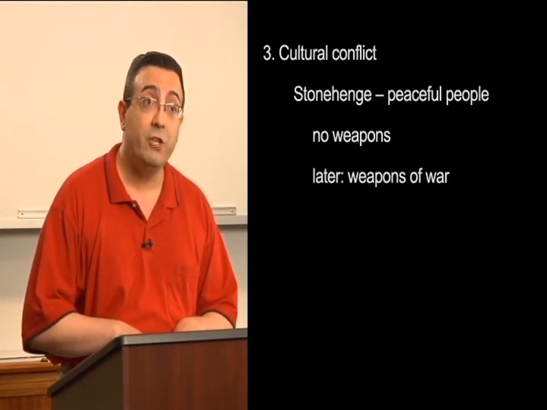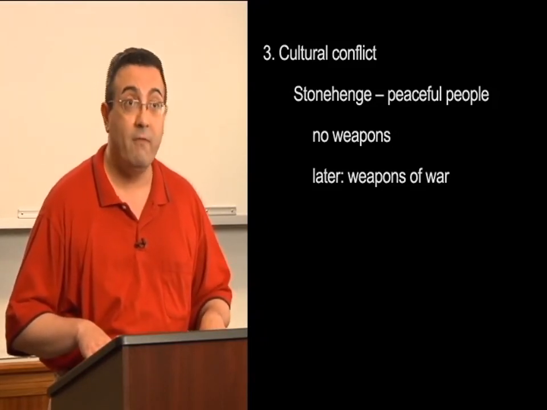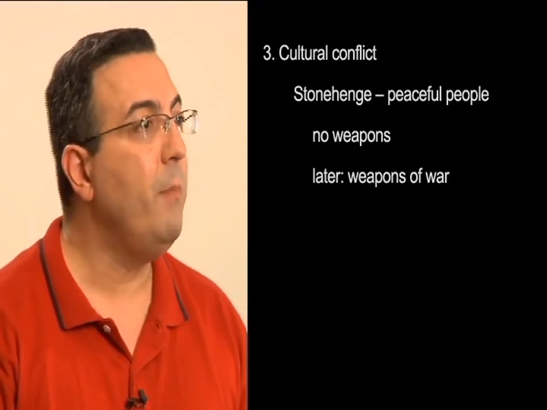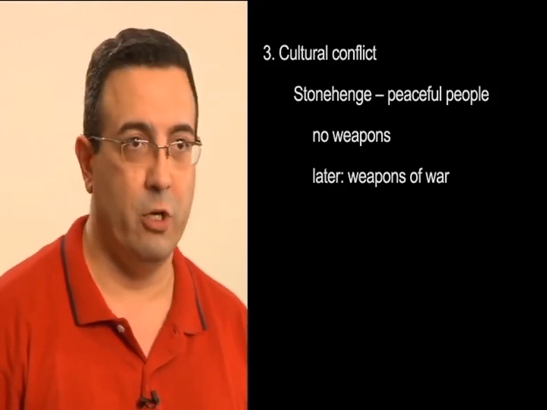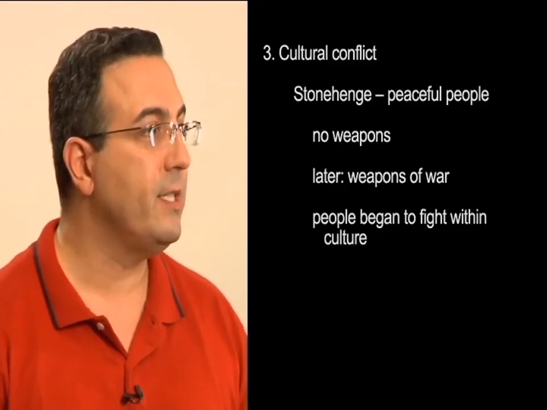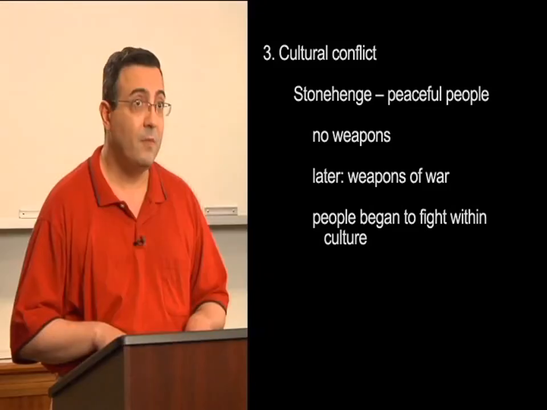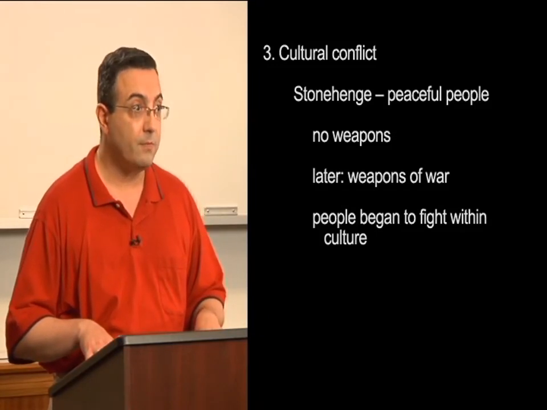Their culture changed from a very peaceful one to a culture of war and fighting. Archaeologists believe that the people of Stonehenge also began to fight within their culture. And soon the society collapsed. Why? Because they experienced cultural conflict.